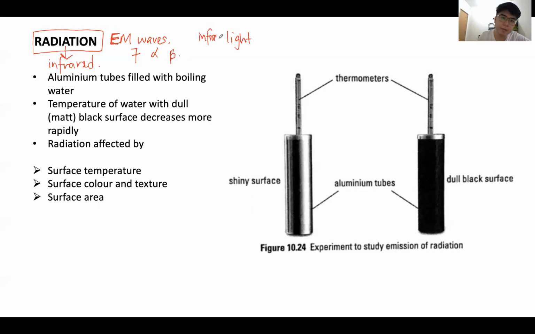Can we see infrared? We cannot see infrared, but we can detect it. Our skin can detect it as heat. So when you feel hot, then you're receiving infrared. Okay, you have receptors that detect infrared, even though you cannot see it.